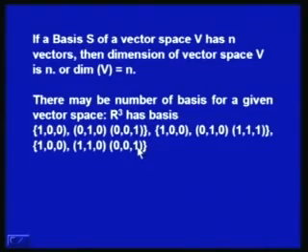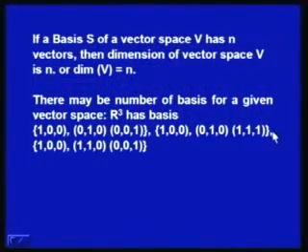So, there may be a number of bases for a given vector space R3, but the number of vectors in each basis is fixed. This basis has 3 vectors, this basis also has 3 vectors, this basis also has 3 vectors, or we say R3 has dimension 3.